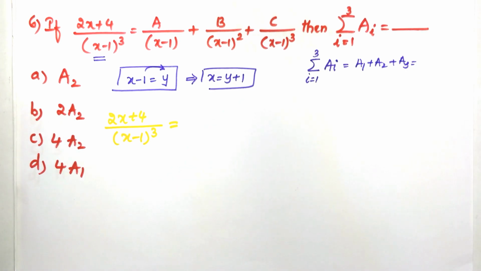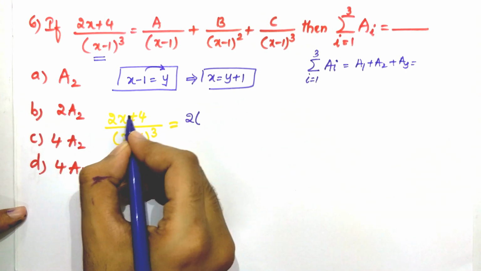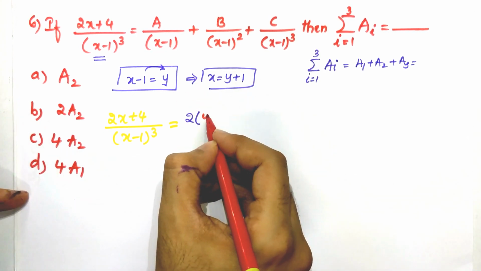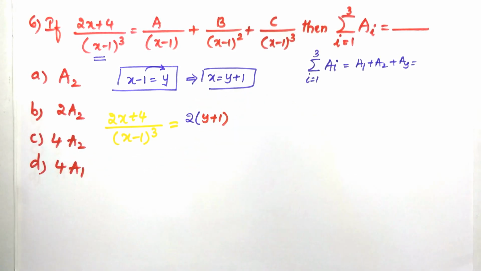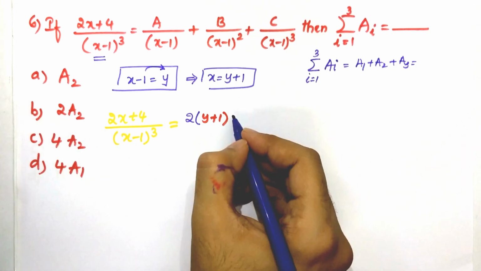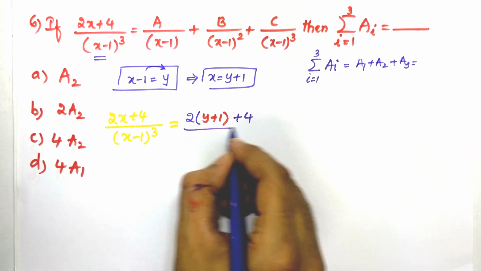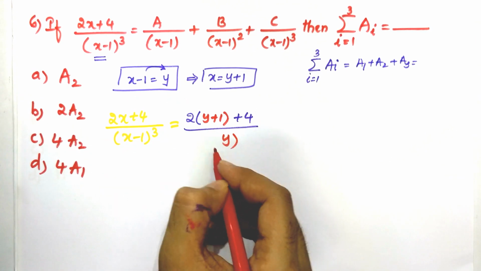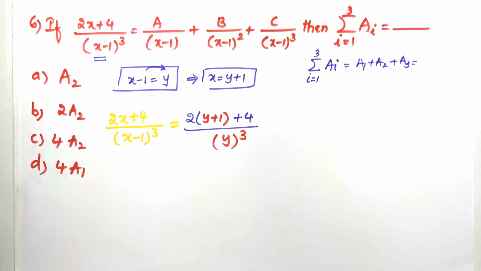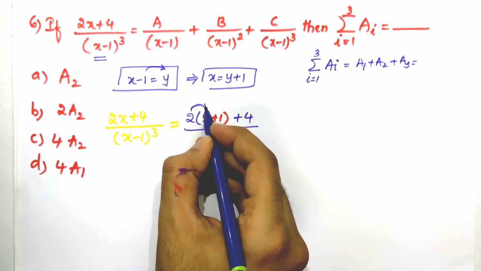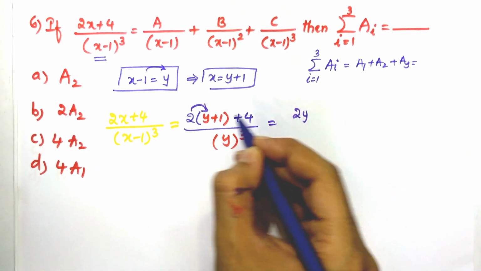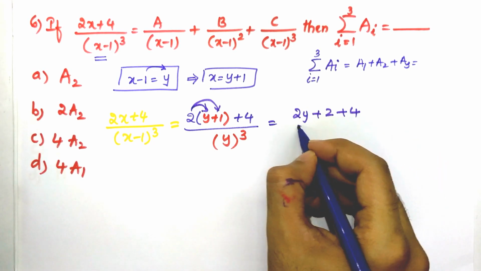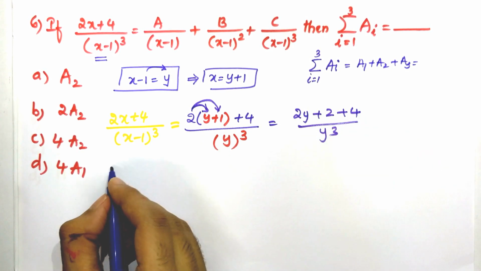Now I write this as 2, and x over here is y plus 1. So write that as y plus 1, plus 4 also as it is, by this x minus 1 is nothing but y. So this can be written as y cube. Now open this. 2 into y is 2y plus 2 into 1 is 2 plus 4 by y cube.